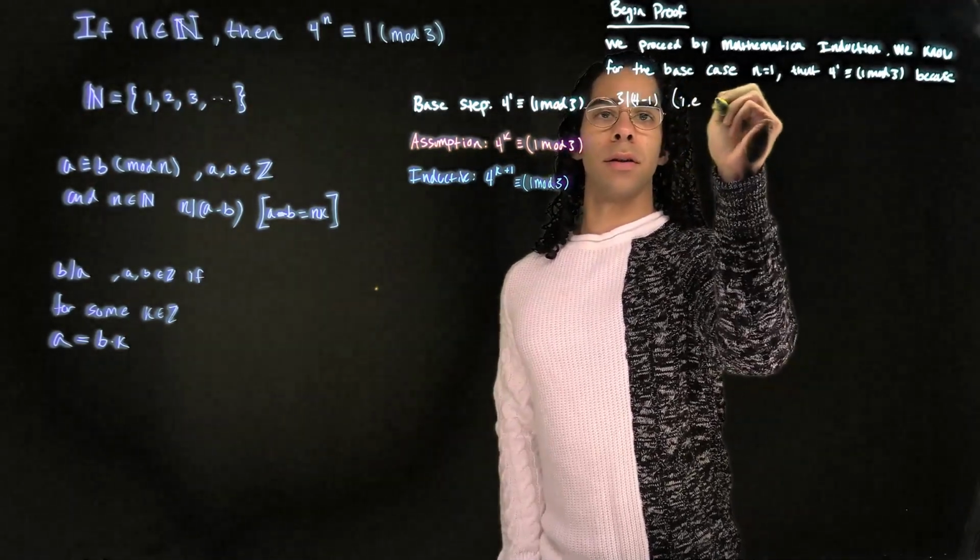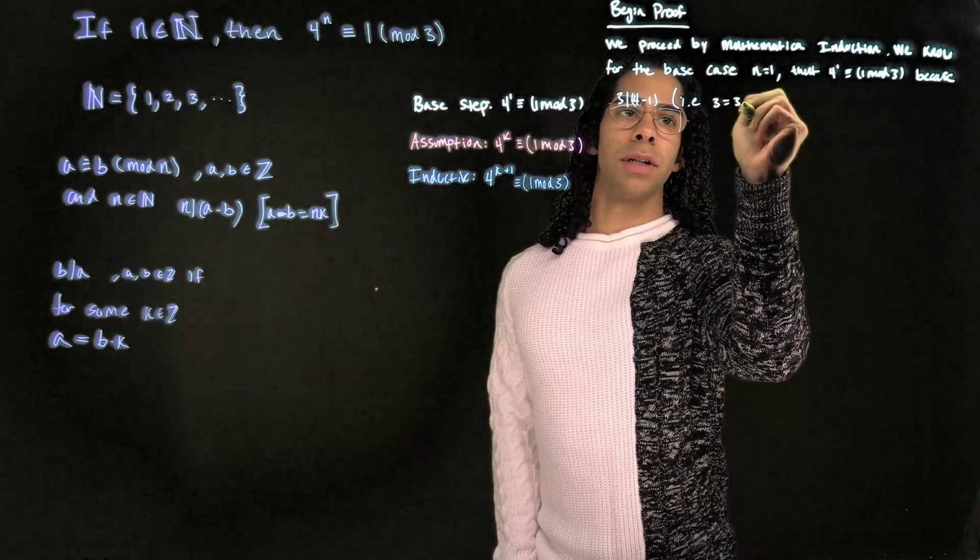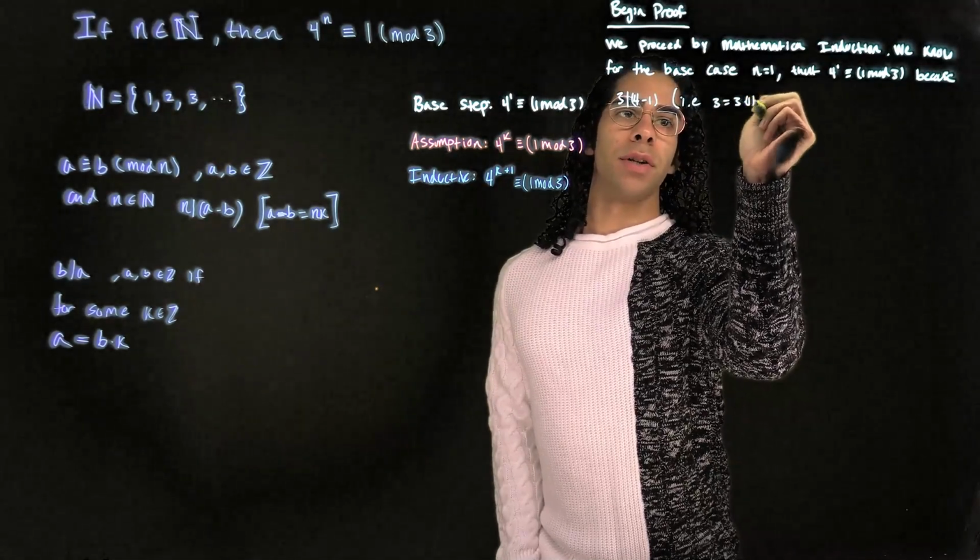That is, 3 is equal to 3 times 1, right? Some integer k.